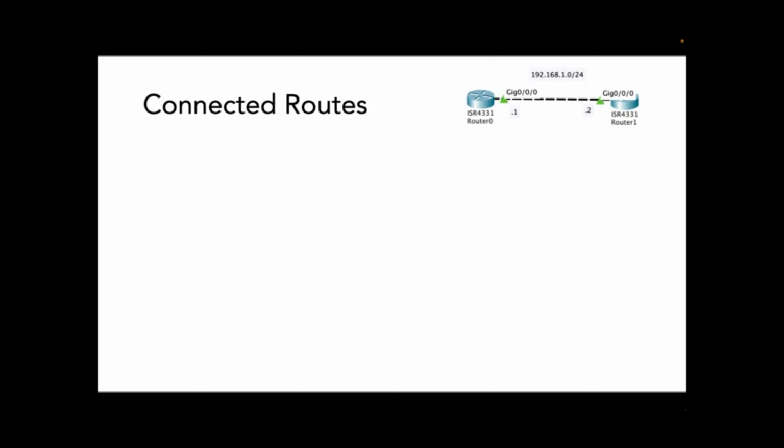Let me take a small topology where I have two routers connected through interface gig 0/0/0 with IP address 192.168.1.1 on the left router and 192.168.1.2 on the right router. The connected routes are added to a routing table when the interface is configured.